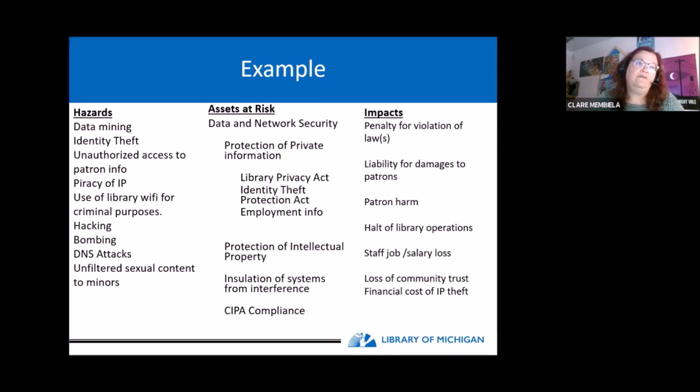So if you have your patron information taken, then you can have a whole wide range of people who are harmed for different reasons. So it could be not just financial reasons, not just identity theft, but it could also be people who find out what people are reading. So it could be a loss of some constitutional rights, or a loss of their perceived freedom to look at that information.